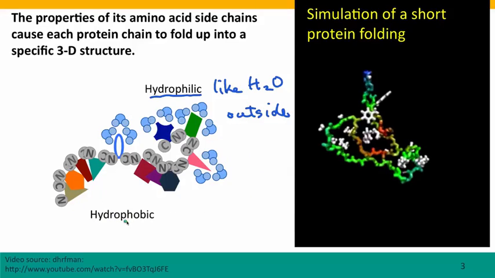Other side chains are hydrophobic. They avoid water, and they tend to fold into structures where they're together, sheltered from the water. So they tend to be on the inside of the folded protein. Now that's a very oversimplification, but it's a fundamental principle nevertheless.